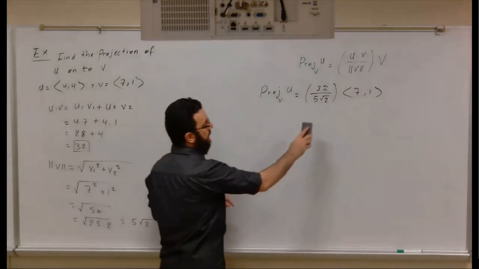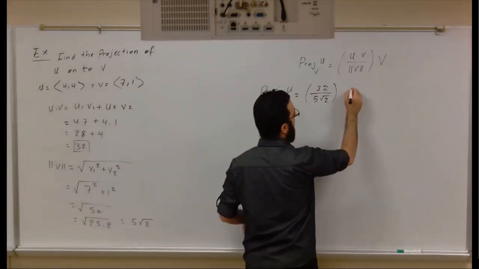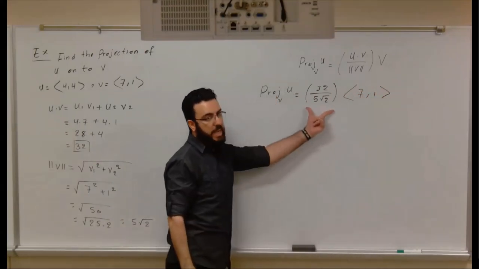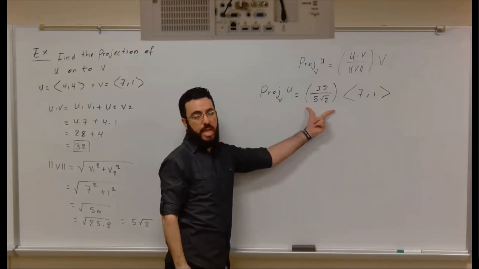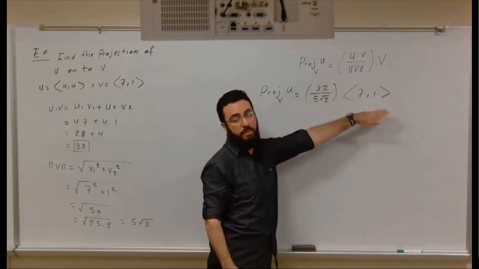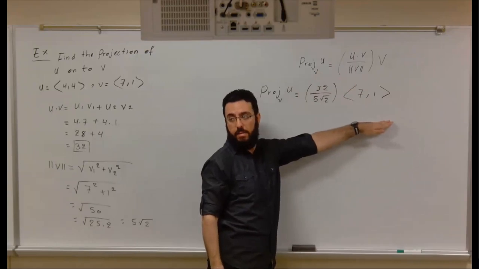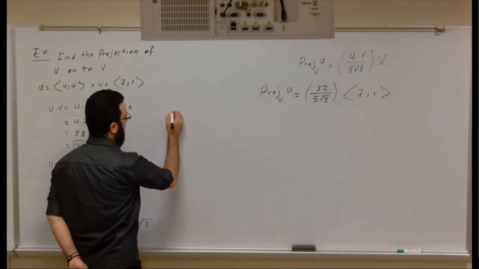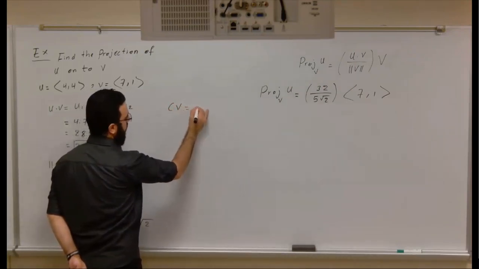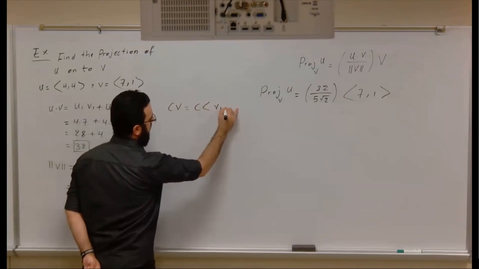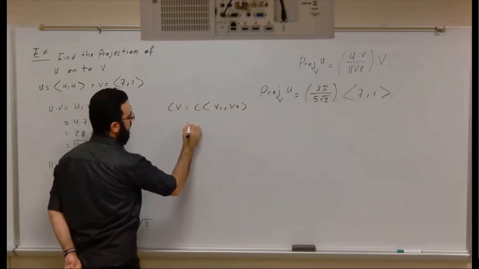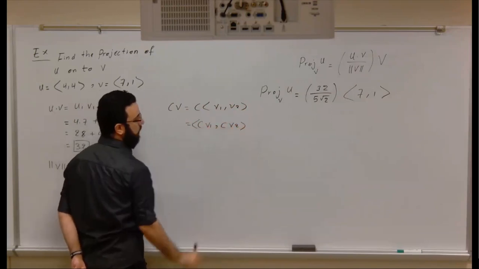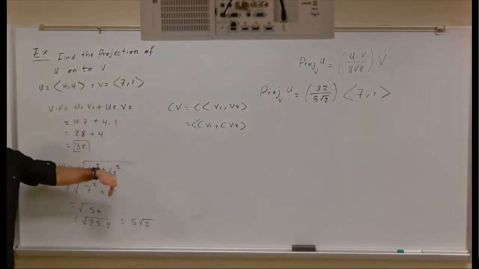V is a vector, (7, 1), and this is a number. Can I distribute the number on the vector? Yes or no? We checked a rule yesterday: c times (V1, V2) equals (cV1, cV2). You can distribute the scalar to the vector.